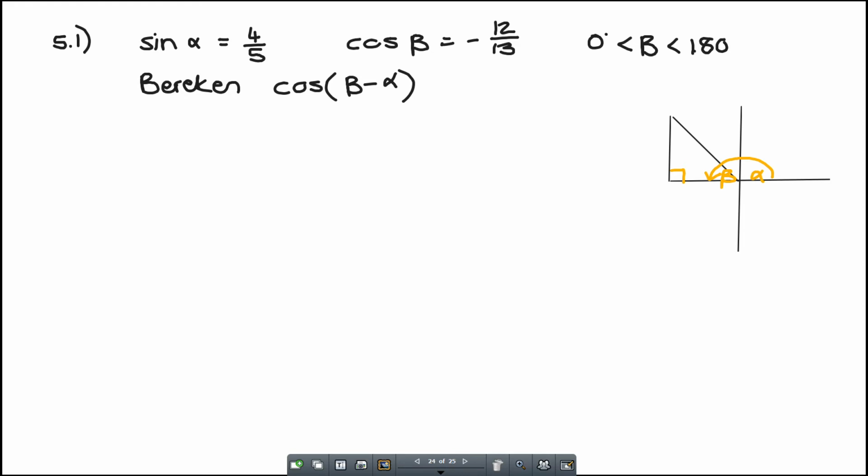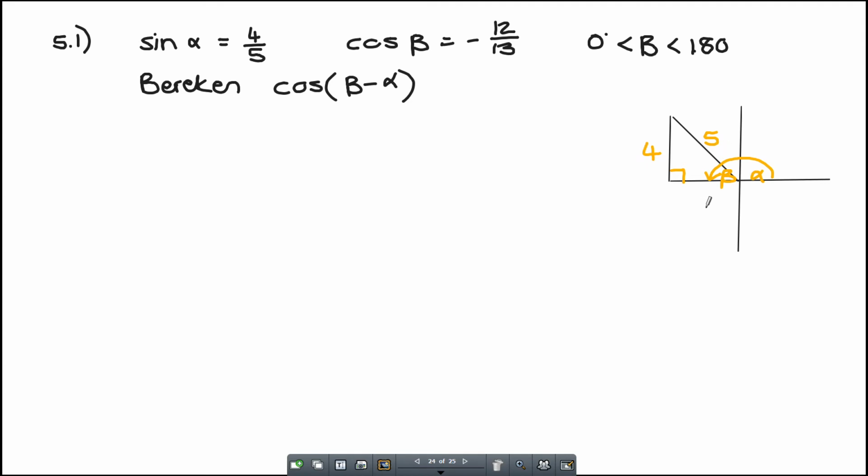Let's see what they're asking us. 4 over 5, waar is ek nou? Cos is that. Sin alpha, sin is voorstaande op skuins. En beta, cos aangrensend op skuins.